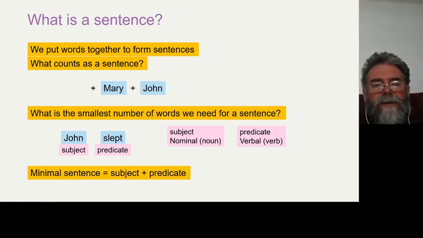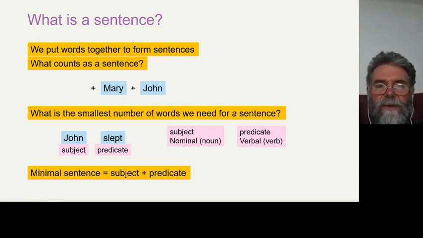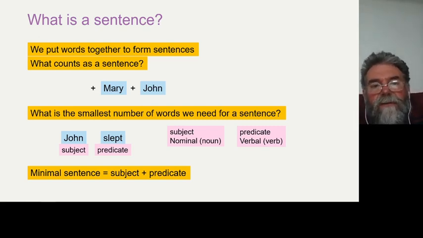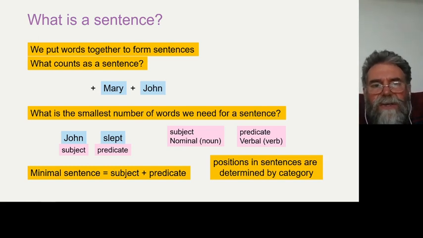Nominal elements, nouns, can go in the subject position, and the subject position comes in front of the predicate. The verb goes in the predicate position, therefore follows the subject, follows the noun. So quite simply put then, the positions that words occupy in a sentence are determined by their category.